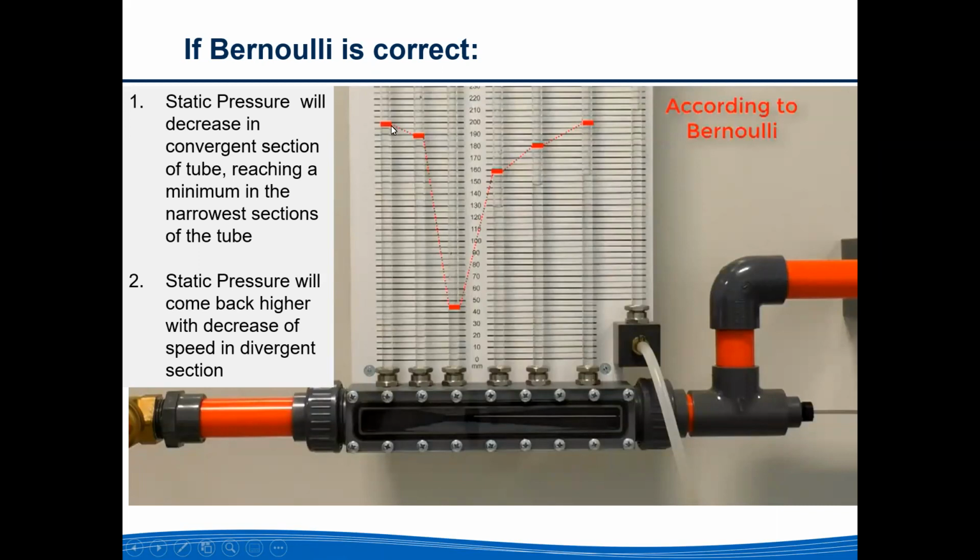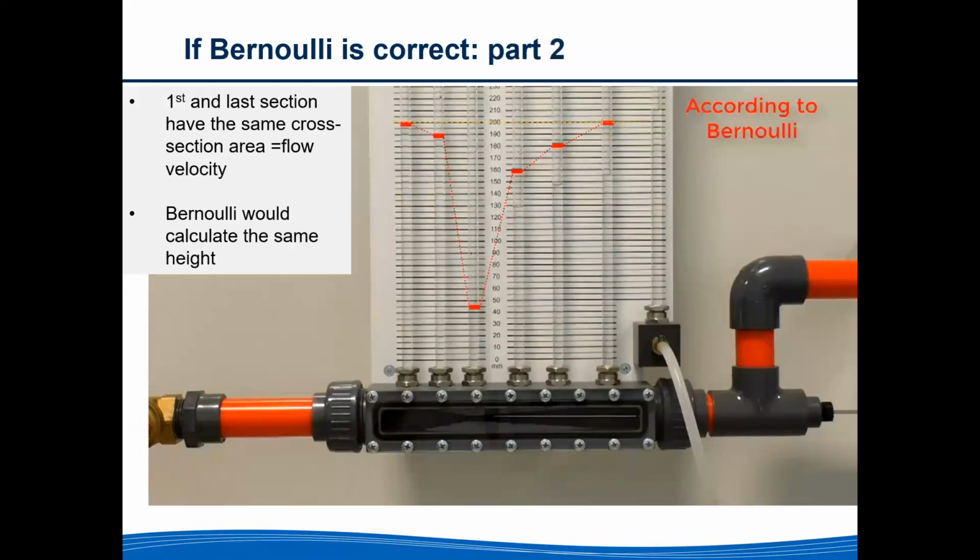So if Bernoulli is correct, the pressure in point 1 and the pressure in point 6 will be equal. Okay, and Bernoulli, let me discuss, is an equation studied and defined mathematically for inviscid fluids. That's according to Bernoulli. Then we can run the experiment.